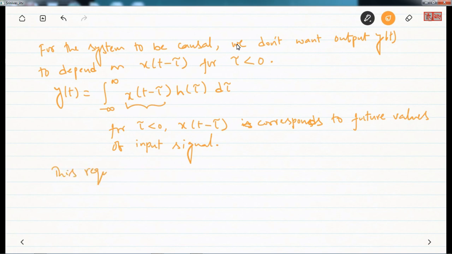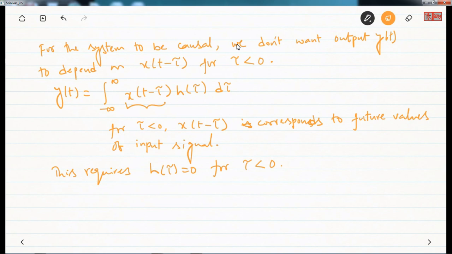So this requires h of tau to be 0 for tau less than 0. That's it. You just think about it. This is the output equation, and we are looking at the output at time t.